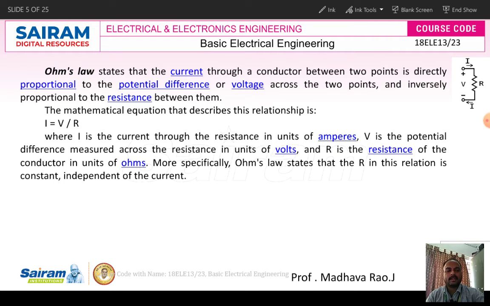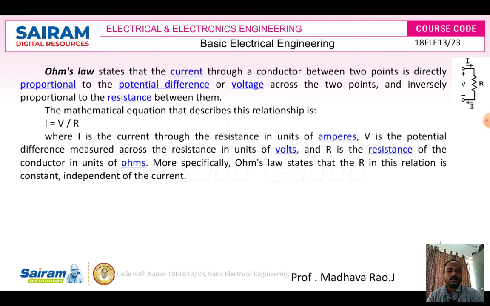Mathematically, I is equal to V by R, where I is the current through the resistance. Current unit is amperes, voltage unit is volts and resistance unit is ohms. Ohm's law is applicable only at constant temperatures. This diagram also you have to draw.